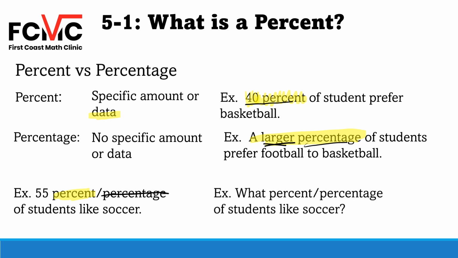But if we said something like, what percent or percentage of students like soccer, we're not giving a specific piece of data here. So because we're not saying 55%, 40%, we should use the word percentage instead of percent. Okay, so that's the difference between percent and percentage in its usage.